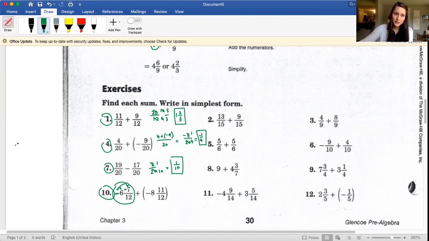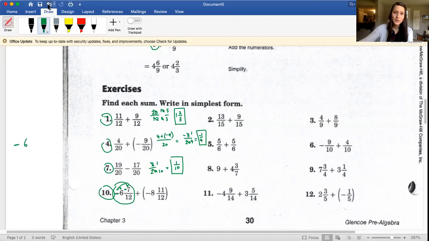So it's almost like I have negative 6 wholes plus negative 7/12. So if I had my pieces, right? I'm not going to draw them all out, but I had 7 pieces out of 12, and then I had 6 wholes. All that together is negative. So when I'm doing this, you need to be careful that you keep the negative with the numerator, but you also keep the negative with the whole.